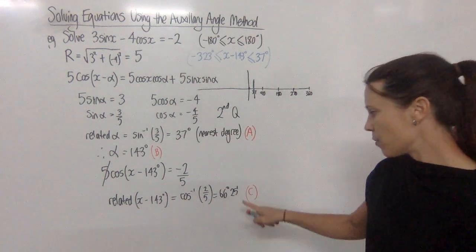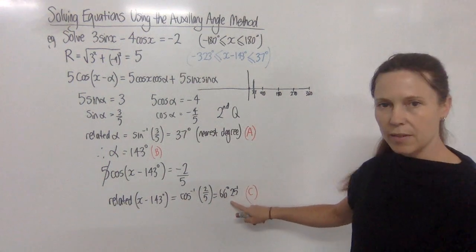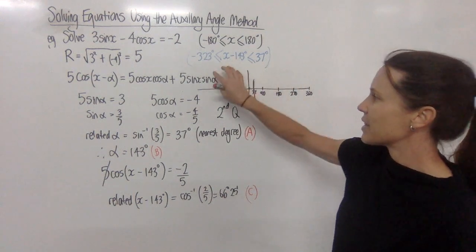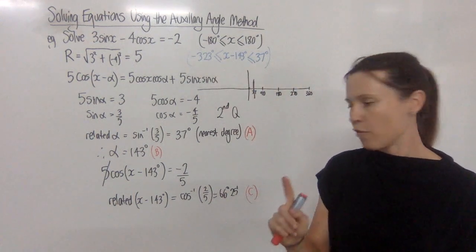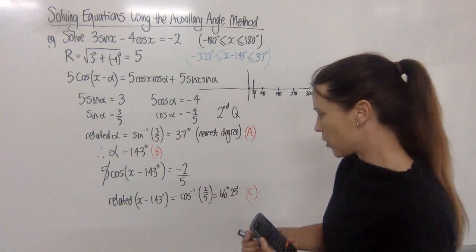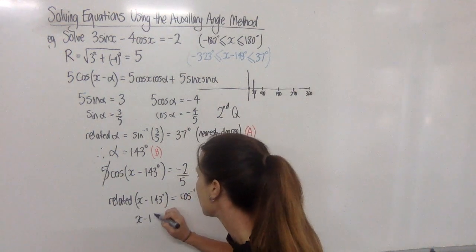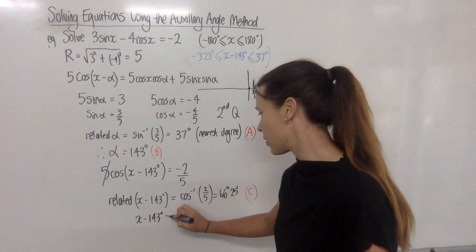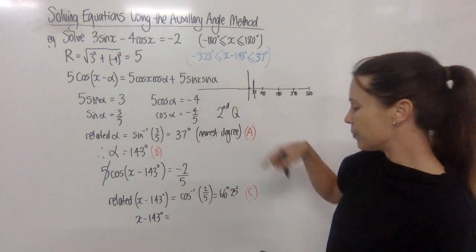All right, now we need to put this into the second and the third quadrant. That will give us an answer that's somewhere in here, but then we need to take 360 degrees off both of those answers. So x minus 143, we haven't found x yet, remember. We're just finding x minus 143, and it's down here somewhere.